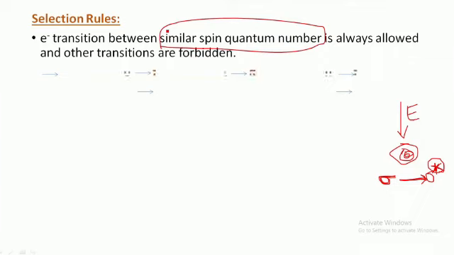Now, what are the transitions actually? The transitions are sigma to sigma star, pi to pi star, n to sigma star, n to pi star, and sigma to pi star, pi to sigma star. You will have to remember which transitions will take place and which will not. We all know that sigma to sigma star will take place.